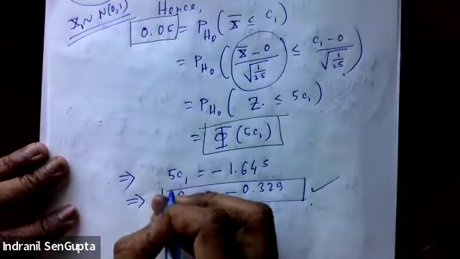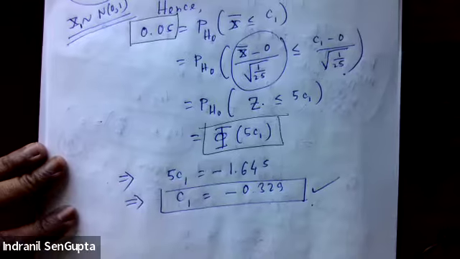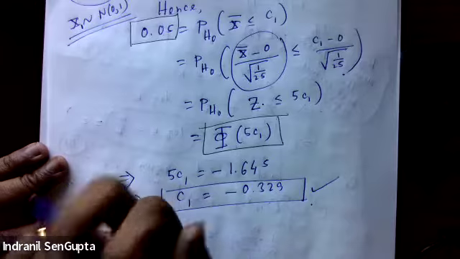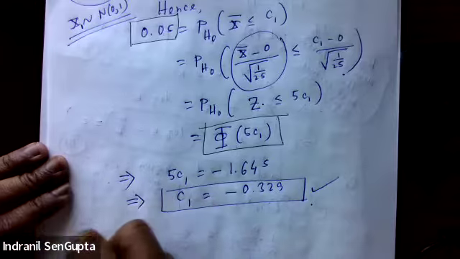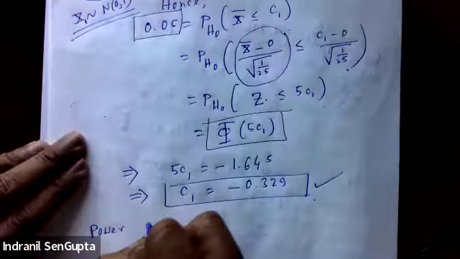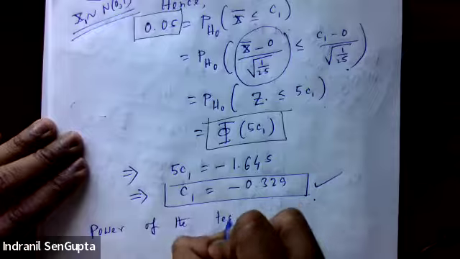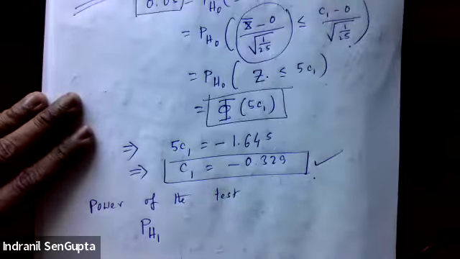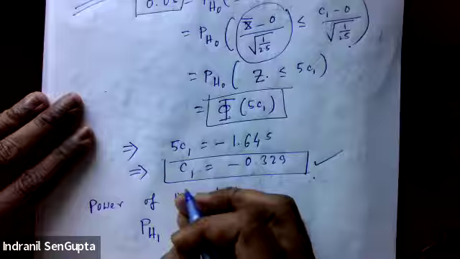The second part is saying: show that the power of the test is 0.9996 when H1 is true. The power of the test is really the probability, under H1, of rejecting the null hypothesis.